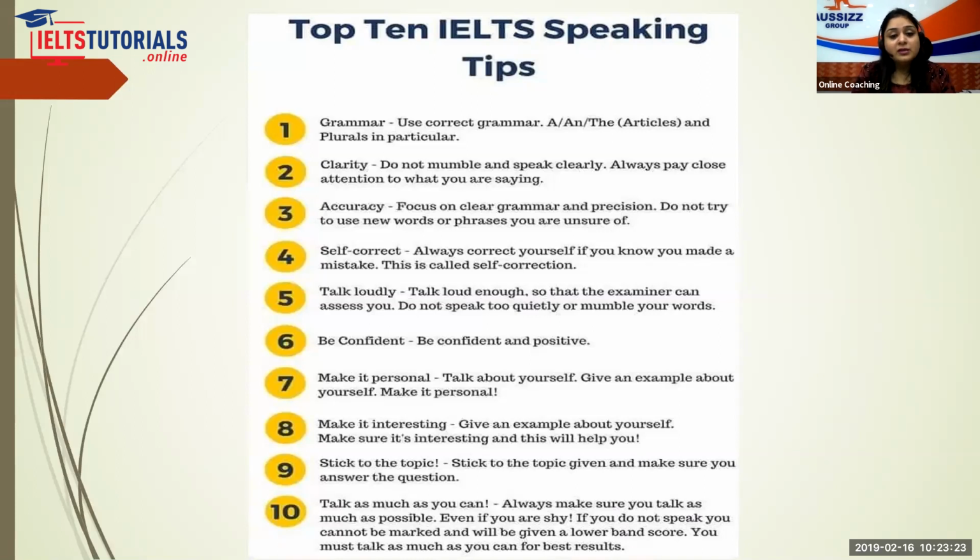You have to be very firm and very clear with at least three assessment criteria. You should have good grammatical range and accuracy. You should have coherence and fluency, and pronunciation. If you have these three things, you'll be getting 7. Trust me. But if you add the vocabulary part, you'll be getting 8. So this way it works.